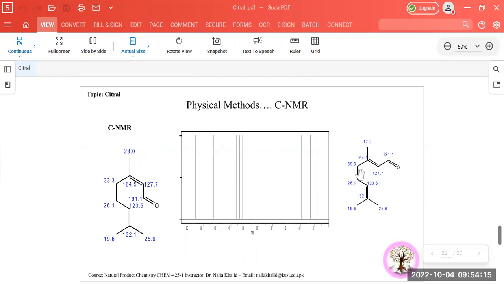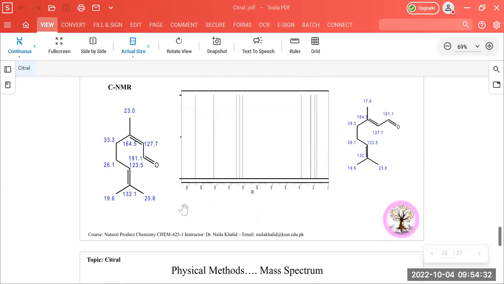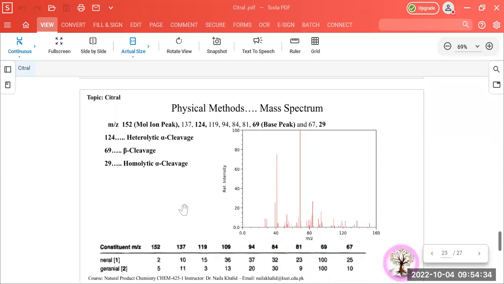So that is why this is citral A. This carbon is at 17, whereas this carbon is at 23 when it is citral B. So you can differentiate between the two isomers using carbon-13 NMR spectroscopy.